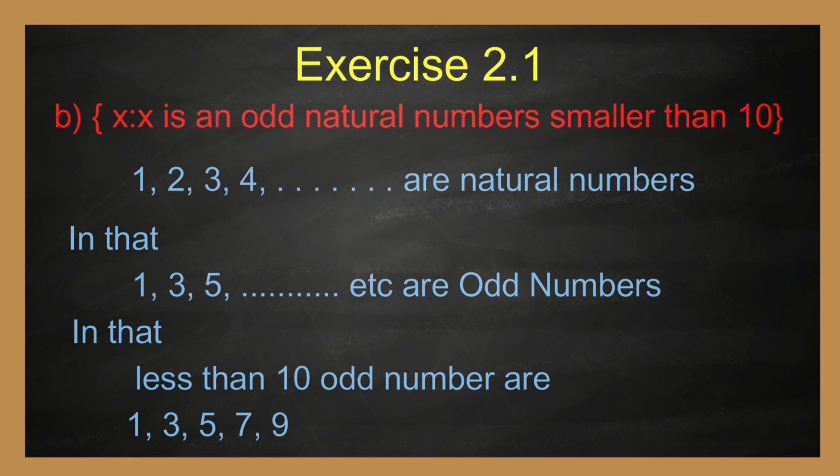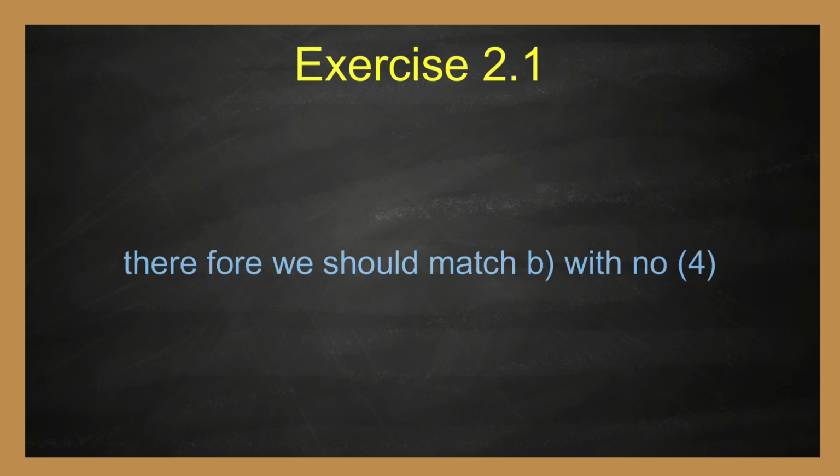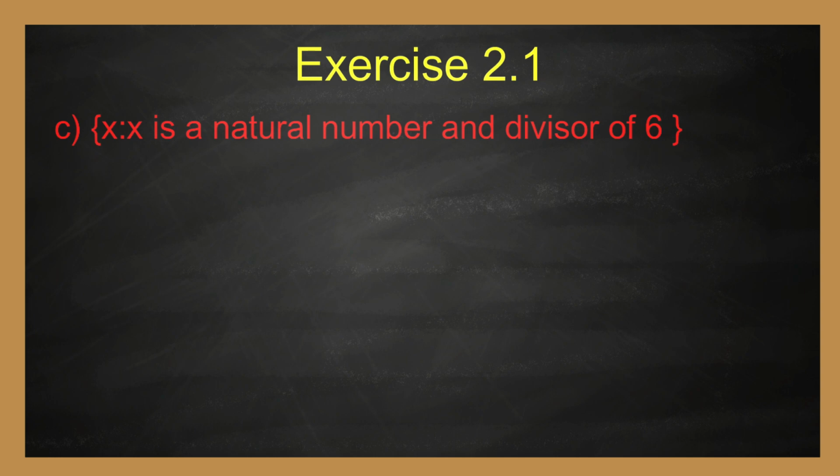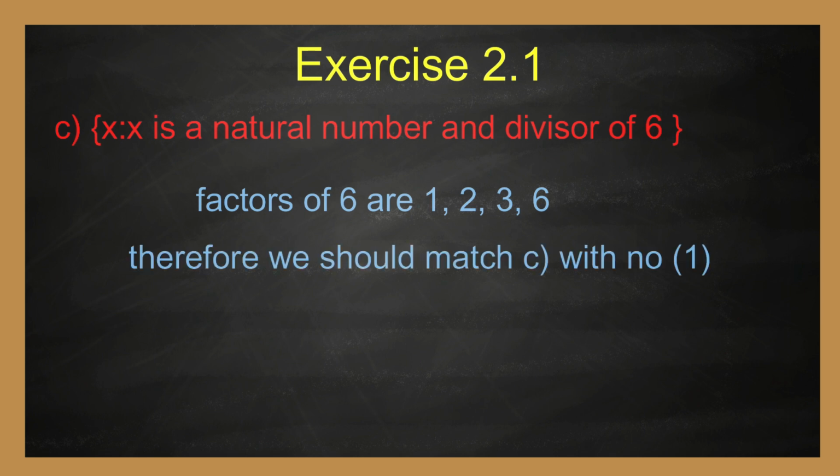Therefore, they are 1, 3, 5, 7, 9. Therefore, we should match B with the fourth one. C. X such that x is a natural number and a divisor of 6. Factors of 6 are 1, 2, 3, 6. Already we have learnt this while doing A. Therefore, we should match C with the first one.